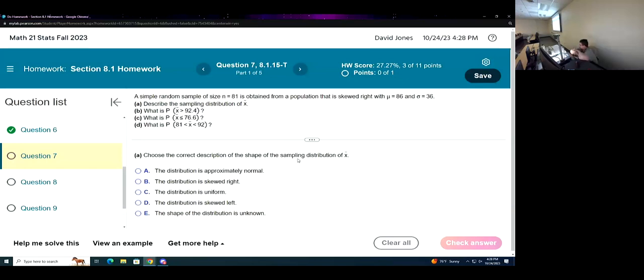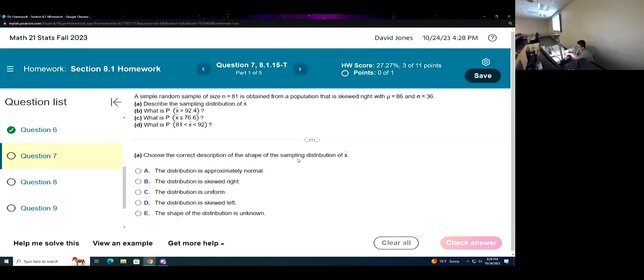Oh, here's a good one. I've got a simple random sample of size n equals 81 obtained from a population that's skewed right.